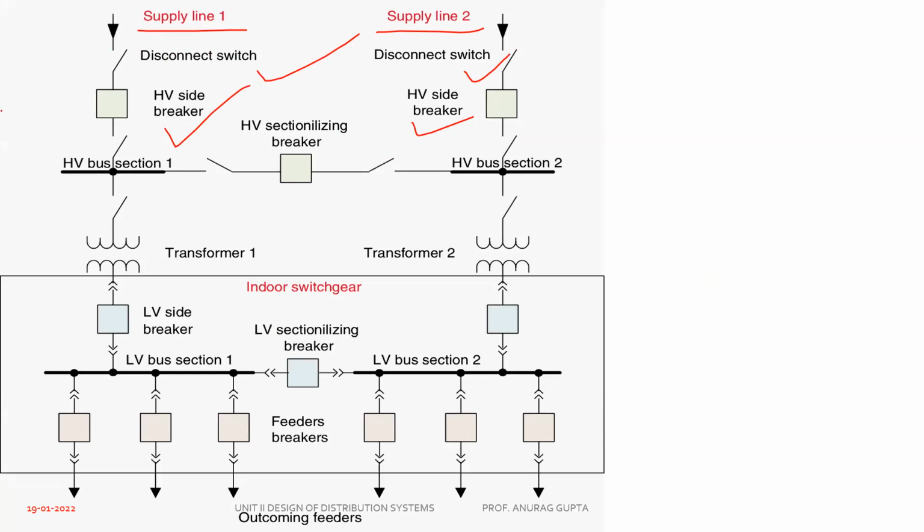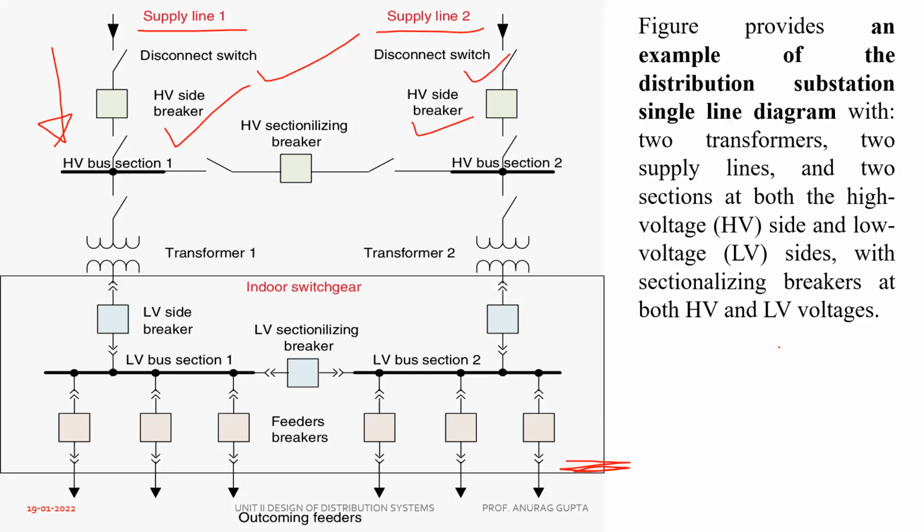The incoming line carries 33 kV, 66 kV or more, and the secondary side, the outgoing line, carries 11 kV, 6.6 kV or 3.3 kV. The diagram consists of both primary and secondary. You must keep in mind first of all how it is working.